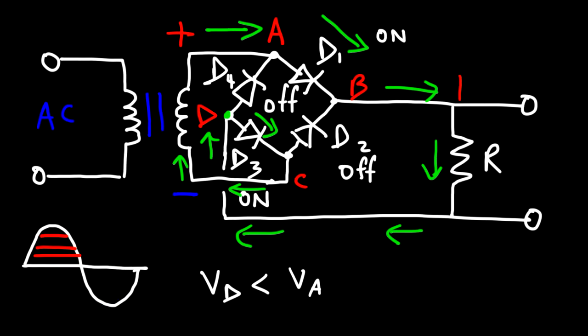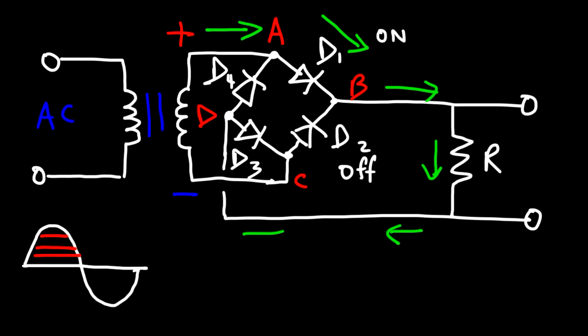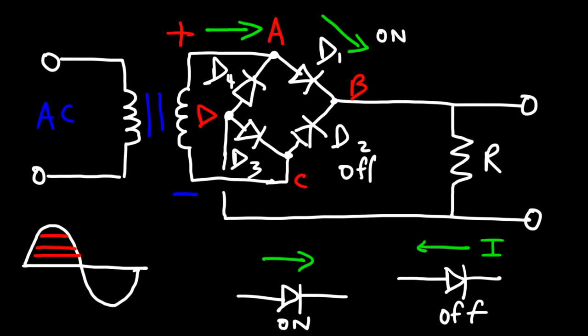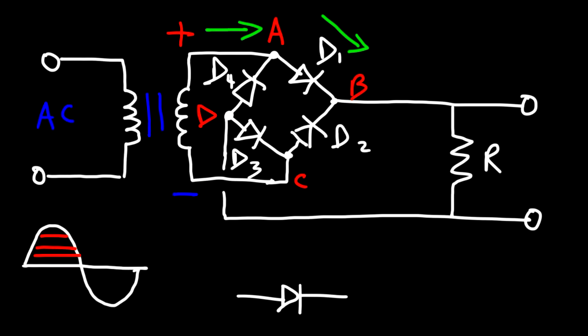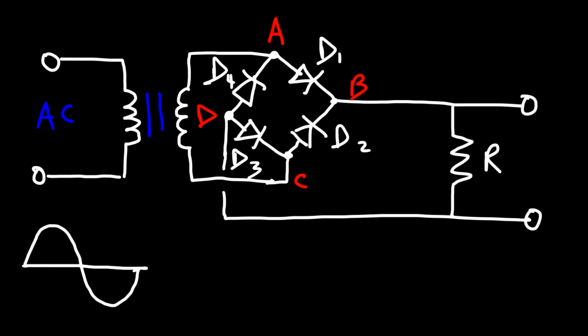So let me just get rid of some of the things that I wrote on this picture. Let's see how far this software will allow me to go back. So now, this is going to be the negative half cycle.